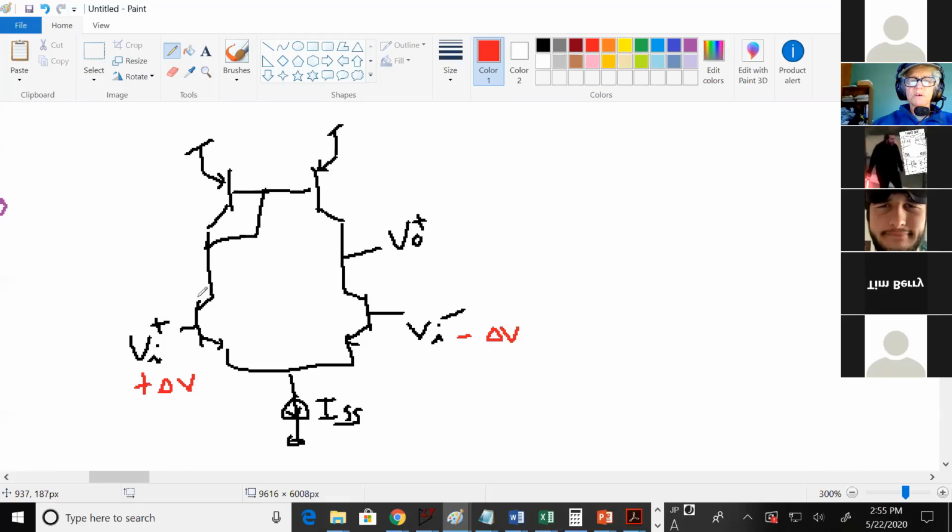What happens to the current through the left side, through VI plus? Goes up. So before this, if we started with VI plus equal to VI minus, then we had ISS over 2 through both sides.